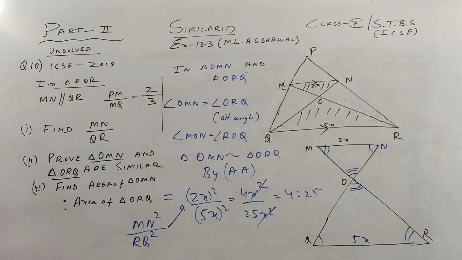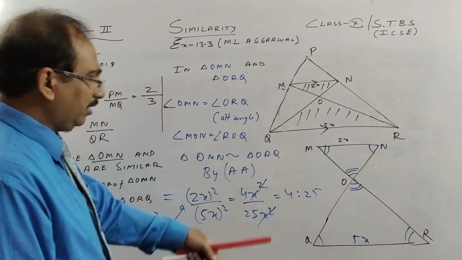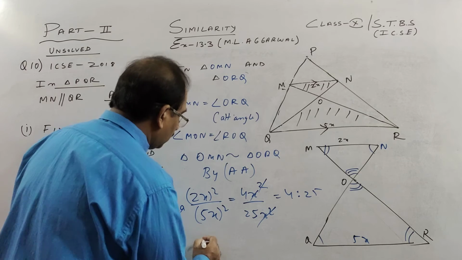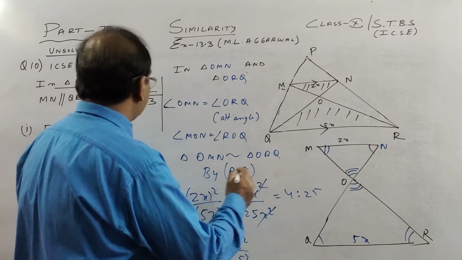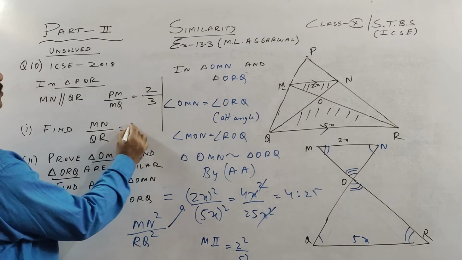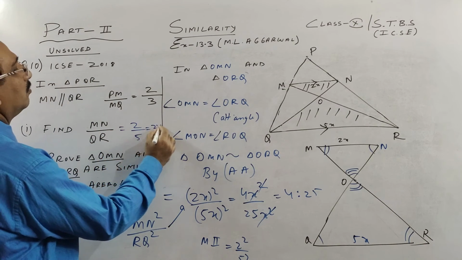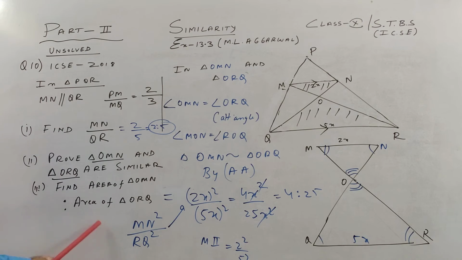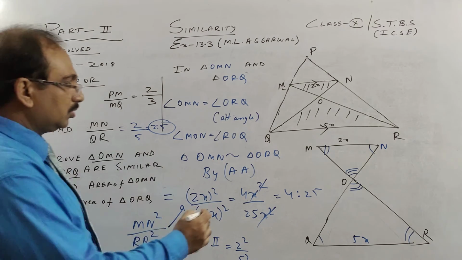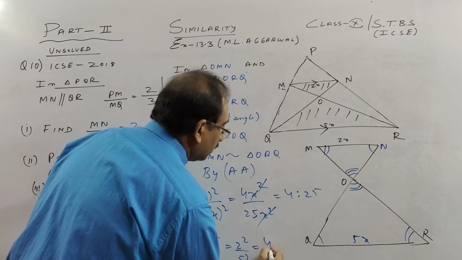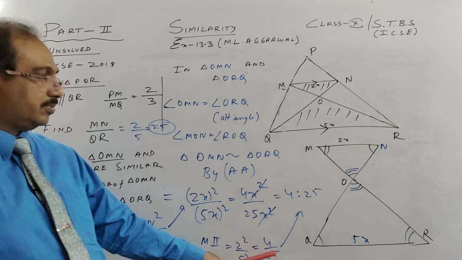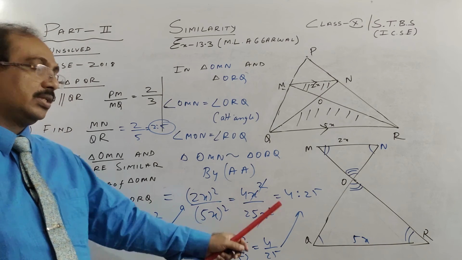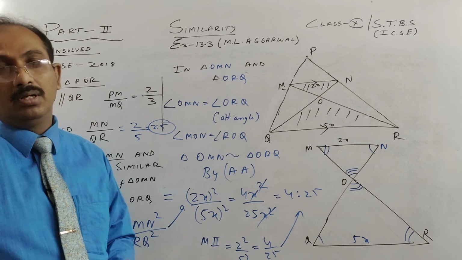You could have avoided x, since the answer was here 2:5, you could have directly done, as method 2, 2 square by 5 square, because in the first part we got 2:5. So remember one thing, since the answer is asked in ratio, don't write it like this, better you write it as a ratio, because this is very important. Once the answer is in ratio, you should give the answer in ratio, because sometimes you may lose 1 mark.